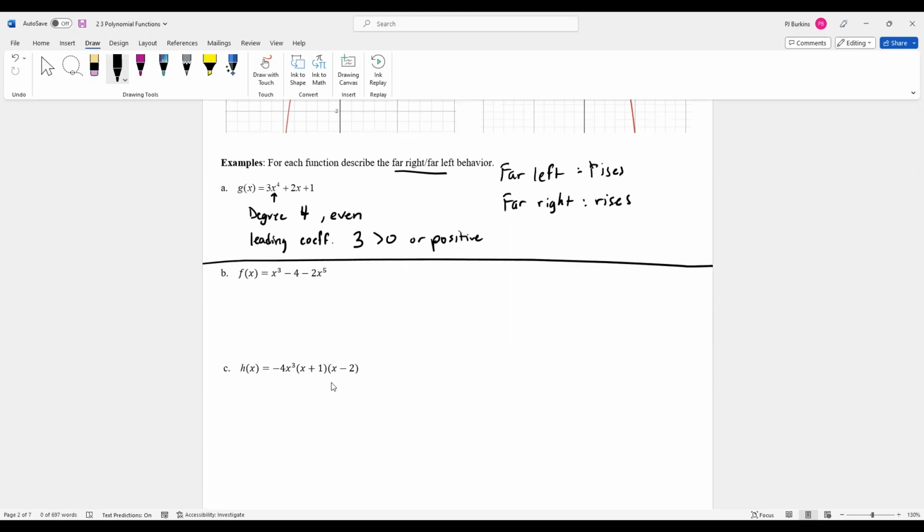The next one, the only reason that this one might be a little confusing is that if you just look at the very first variable to a power, that is not going to tell you the highest degree. So the best thing you can do is put these in what we would call descending order first. So putting this in descending order, we would do negative 2x to the 5th plus x cubed minus 4.